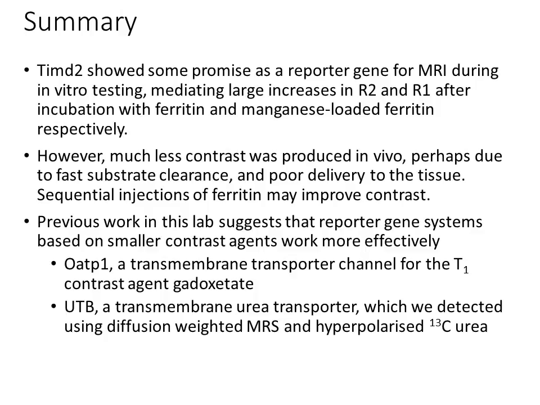We didn't pursue manganese-loaded ferritin in vivo because there was some evidence of toxicity associated with this agent. The contrast that was produced in vivo was much less than we saw in vitro. A number of possible explanations for that, for example, fast clearance of ferritin from the circulation, and possibly ferritin is quite large and so poor delivery to the tissue. And we suggest that potentially sequential injections of ferritin may be used to improve image contrast.